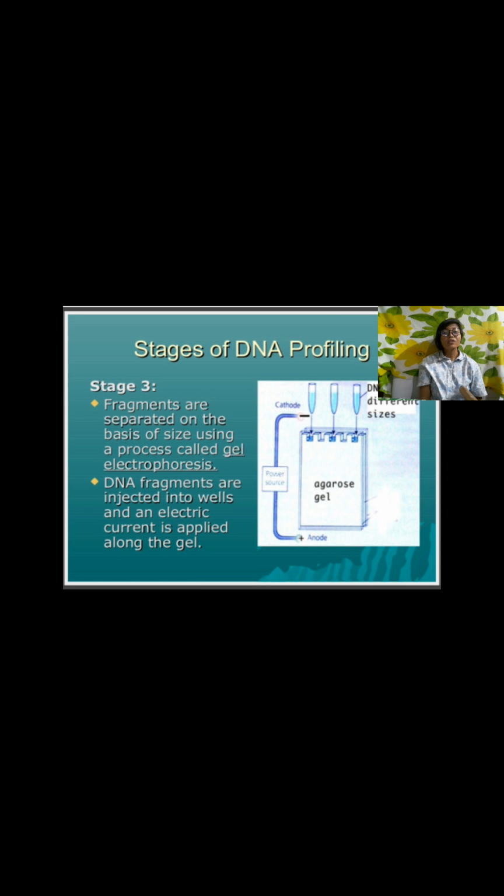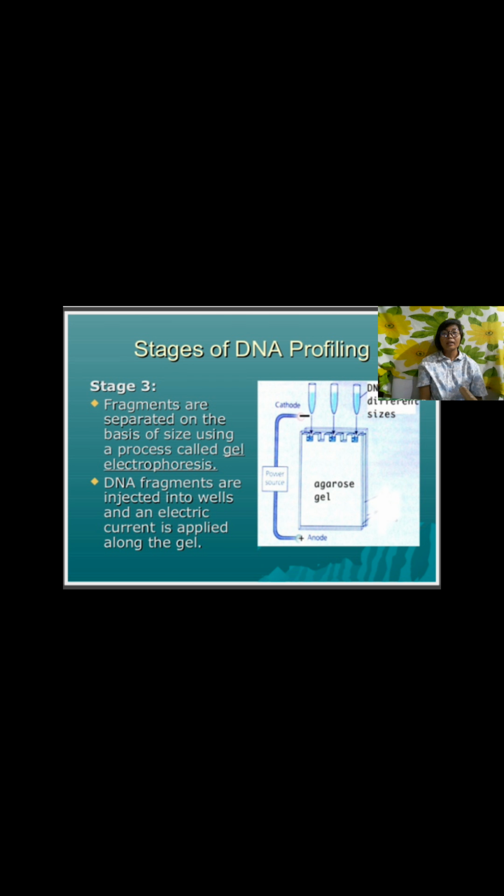And stage 3: the fragments are separated on the basis of size using a process called gel electrophoresis. DNA fragments are injected into wells and an electric current is applied along the gel. Then the DNA is transferred to a nylon sheet by placing the sheet on the gel and soaking them overnight.